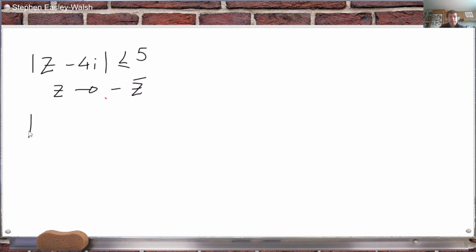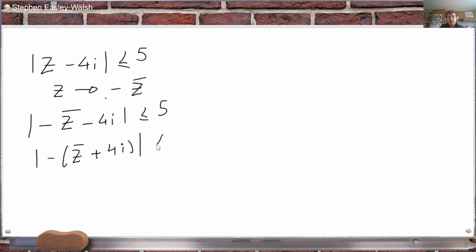So this would now become minus z conjugate minus 4i less than or equal to 5. That becomes minus z conjugate plus 4i less than or equal to 5. So that becomes modulus of minus 1 times z conjugate plus 4i less than or equal to 5.